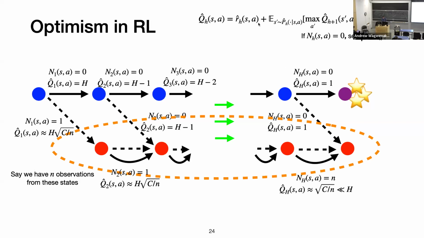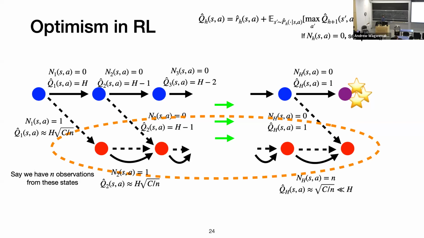Furthermore, the reward I obtain at these states is 0, so r hat will be 0 too. If I think about the Q function at these states, at the end state here, the Q function is going to be approximately square root of C over n.